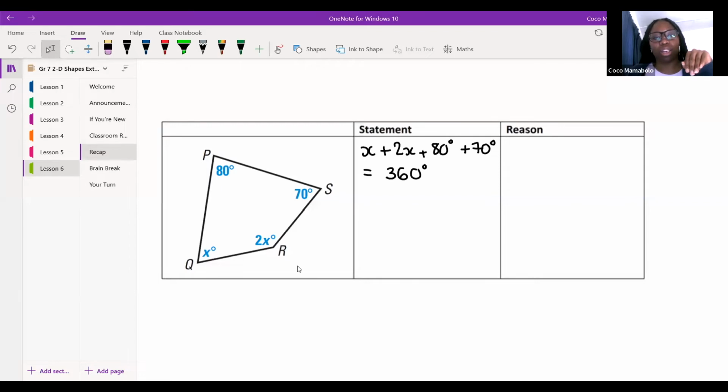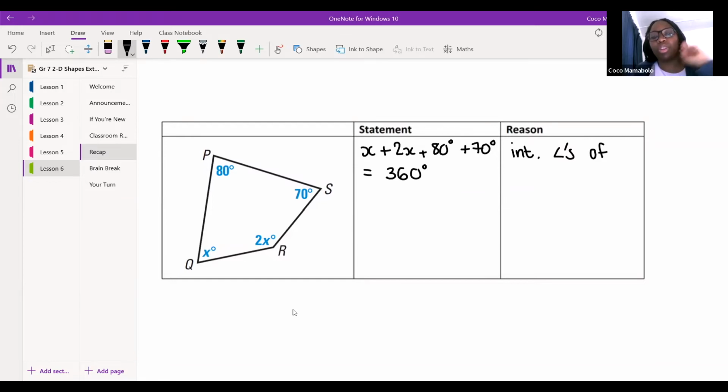Let me see, who else can I ask? Luto. Luto, can you give us the reason? Yes, ma'am. Ma'am, can you hear me? I hear you perfectly. Ma'am, the reason is interior angles add up to 360 degrees.